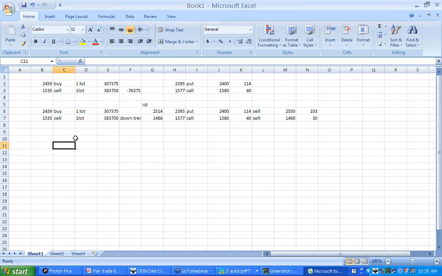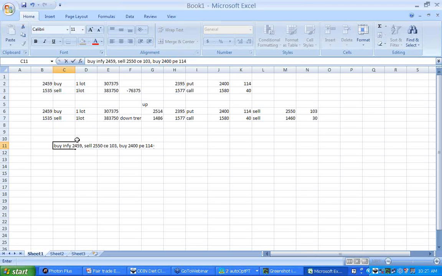My net trades will be: buy Infosys at 2459, sell the 2550 call option, which is above my uptrend price of 2514, at 103, and at the same time buy the 2400 put option at 114. I have not sacrificed any of my profit here. I have just hedged my pair trade position.